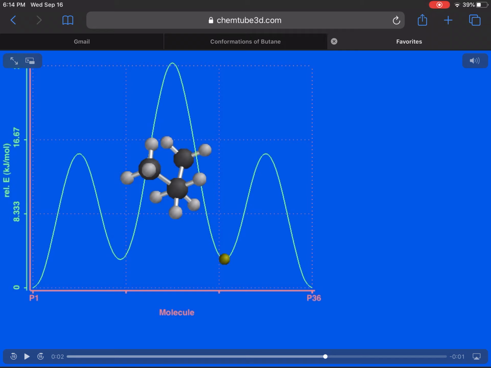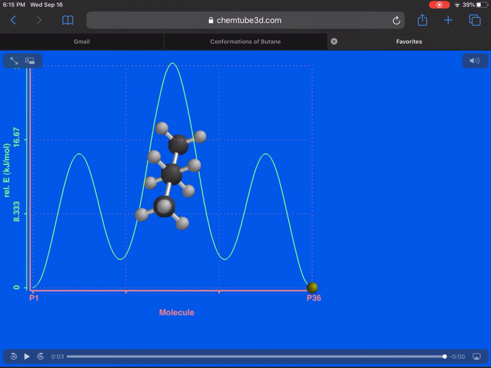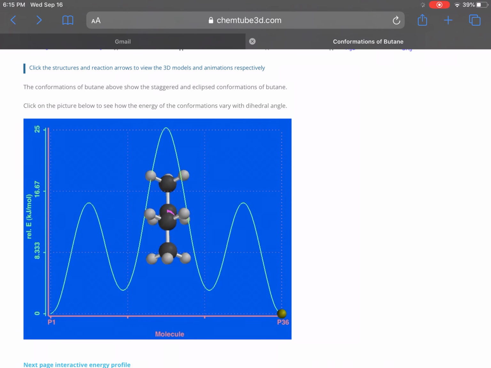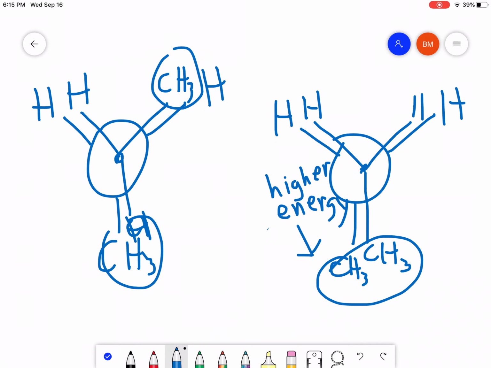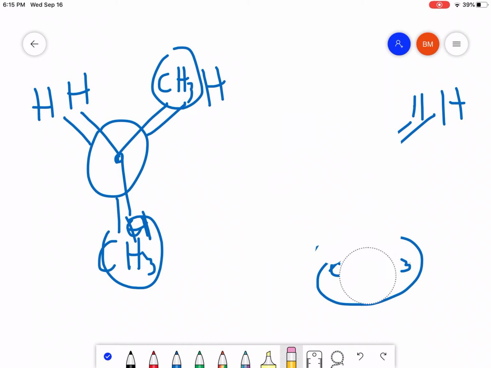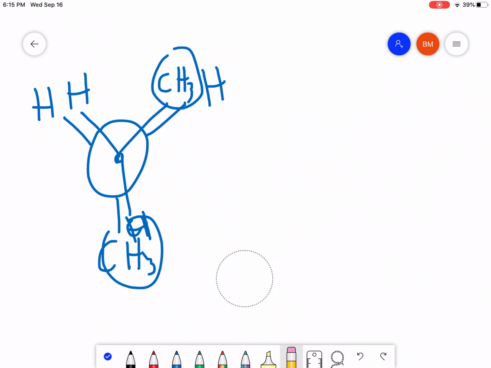Back to staggered gauche, and in this particular case, the staggered gauches are the same, and it finishes. So definitely, as you get more complex, you can have more complex states of existence. And like I said, it can get even fuzzier sometimes.